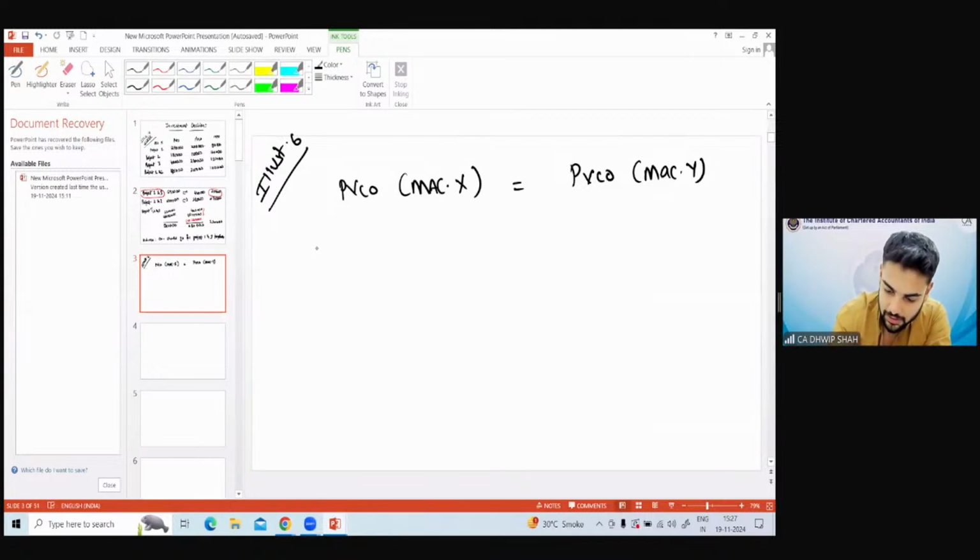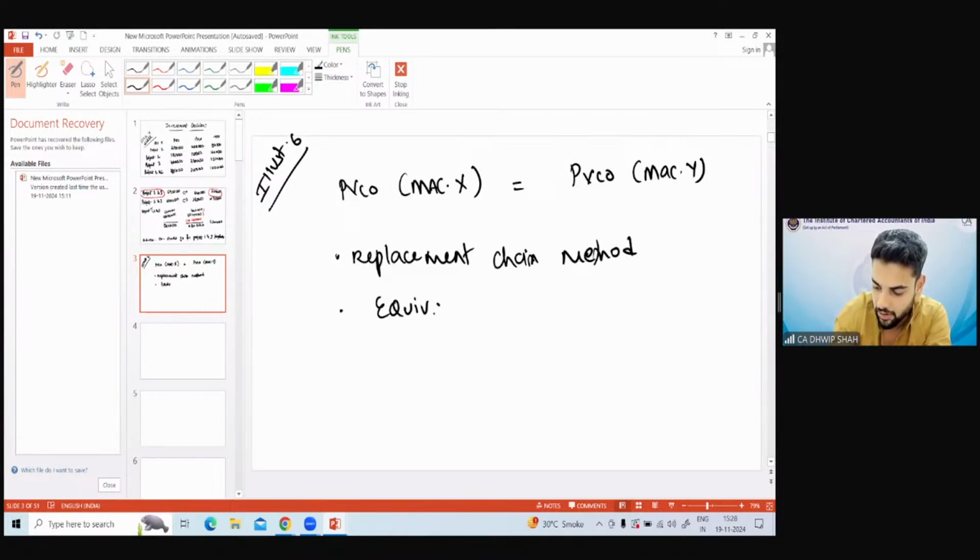Either use the replacement chain method or we use the equivalent annualized criteria method. This we have studied in regular LVCs.